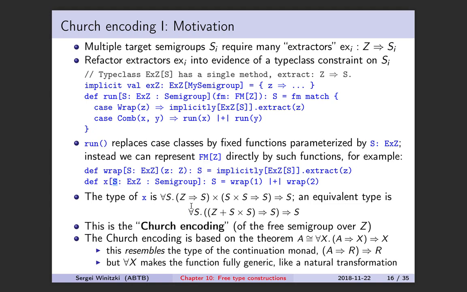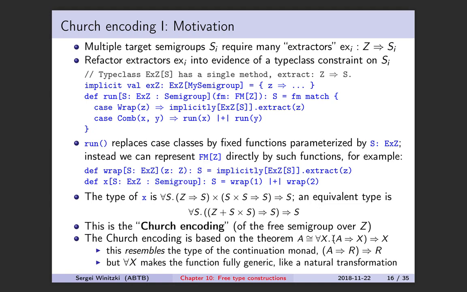So each value of the free semigroup is a function parameterized by an arbitrary S. S being a concrete, non-free semigroup, or perhaps another free semigroup, but eventually it must be a non-free semigroup in order to get any values out of this. Non-free actual useful values.